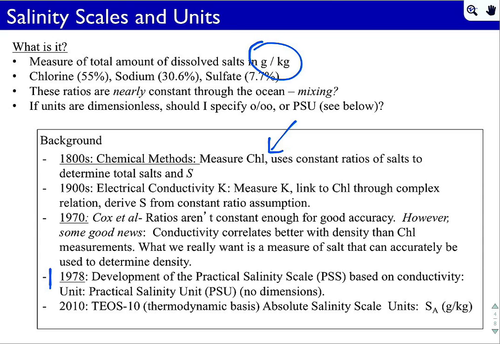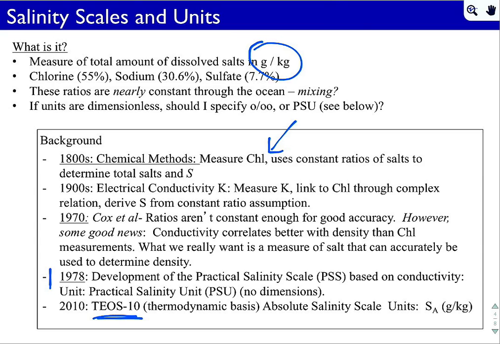So that was the basis of the practical salinity scale, to come up with a completely conductivity-based method that would allow the determination of a salinity scale that would be useful for deriving very precise values of the density. That is the PSU, and it has no dimensions, and it was used for about 30 years and is now being slowly replaced with the TEOS-10, which has a complete thermodynamic basis.